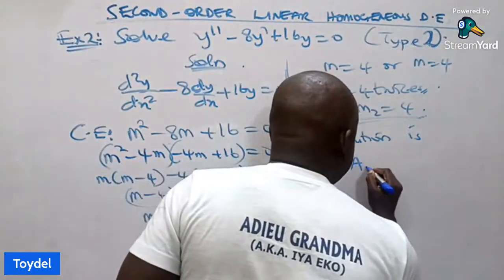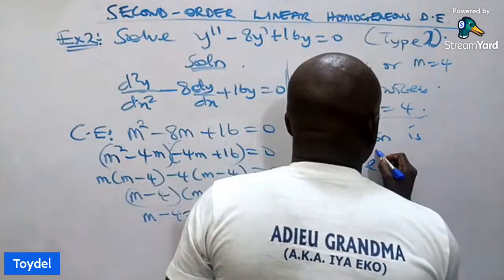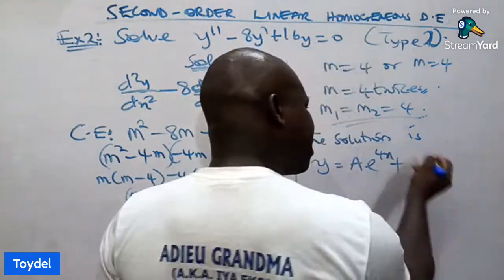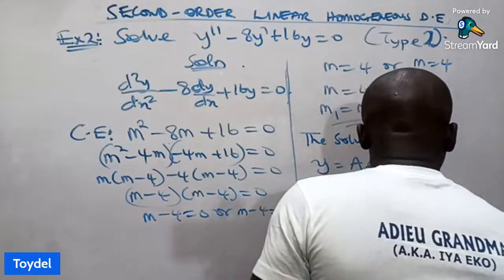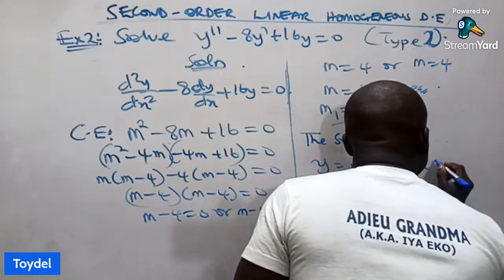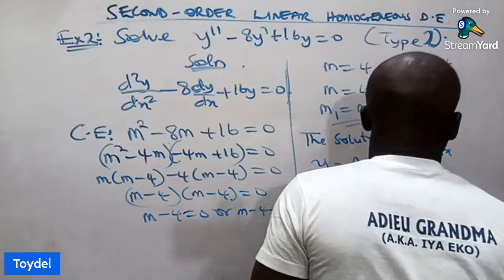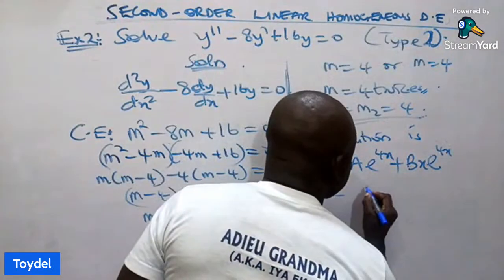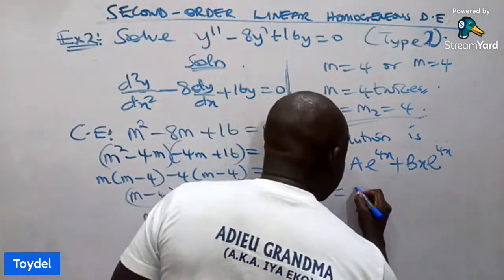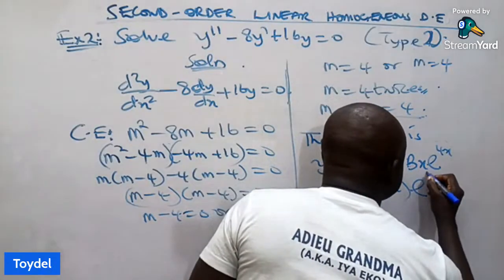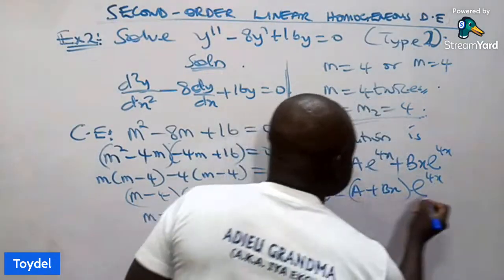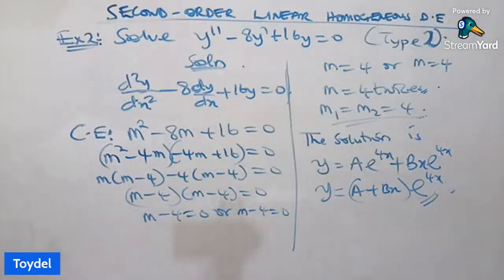You can say a e to the power 4x, plus the second one will now be b x e to the power 4x. That's what the law says. That is the same thing as, if we bring out what is common, a plus bx in brackets, e to the power 4x. This will be the solution to this differential equation.